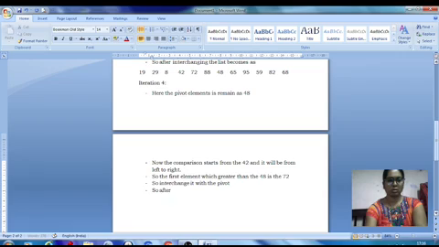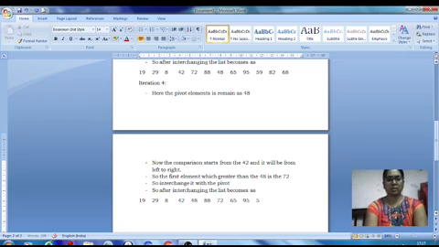After interchanging, the list becomes 19, then 29, then 8, then 42, then 48, then 88, then 72, then 65, then 95, then 59, then 82, and then 68.